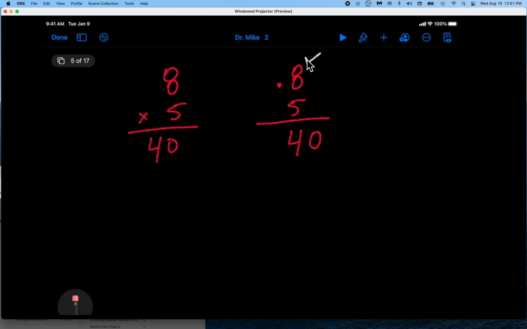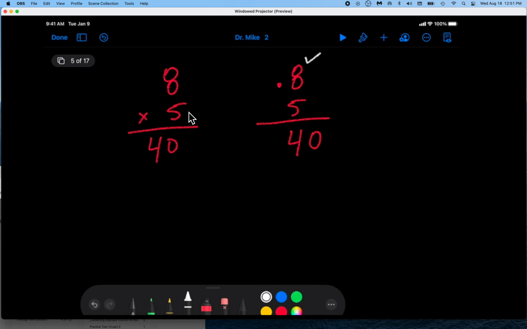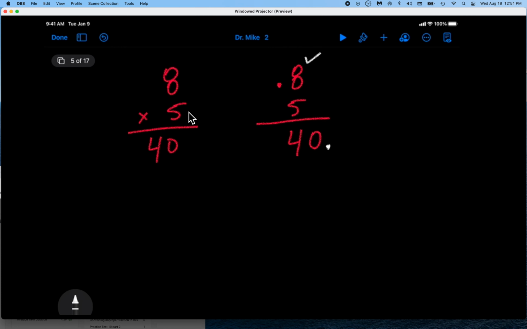So in that scenario, when there's 1 check mark, we take the decimal place, which normally is after the 40, and we move it 1 spot to the left. For every check mark there is, that's how many spots you move it to the left. So this becomes 4. Not 40, but 4.